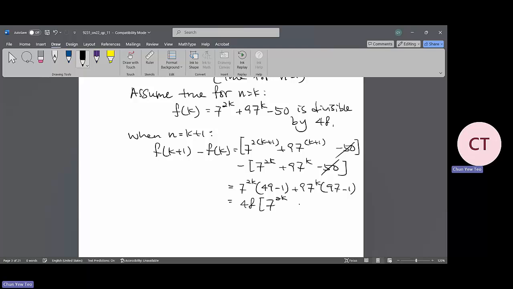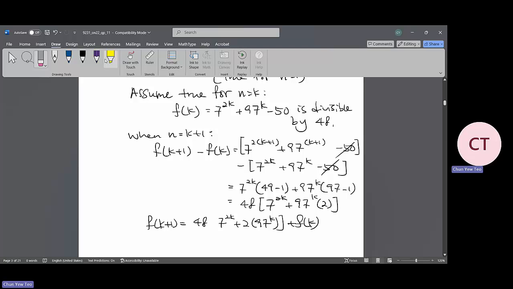7^(2k) plus the 97^k, multiplied by 2. Okay. So your f(k+1) is equal to 48 times 7^(2k) plus 2 times 97^k, plus f(k).